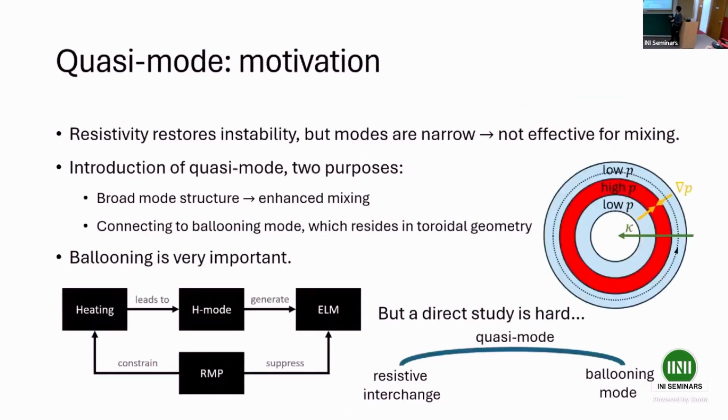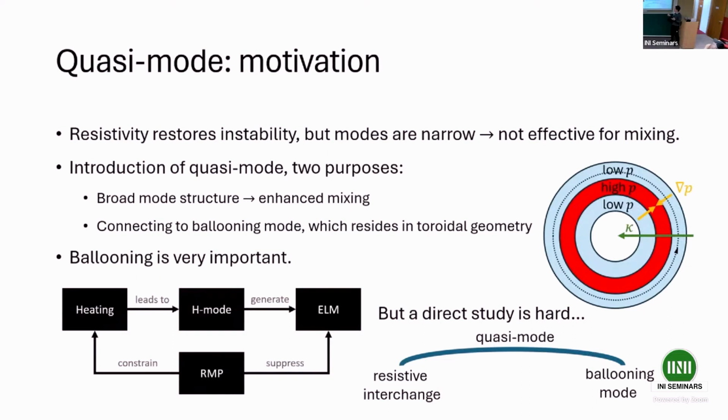Okay, after talking about the resistive interchange mode, it's a good time to look at its wave packet. Since resistive interchange modes are narrow and localized at resonant surfaces, they are not effective for mixing. But if you look at the wave packet of this resistive interchange mode, we can see it has a much broader mode structure, which is efficient for mixing.